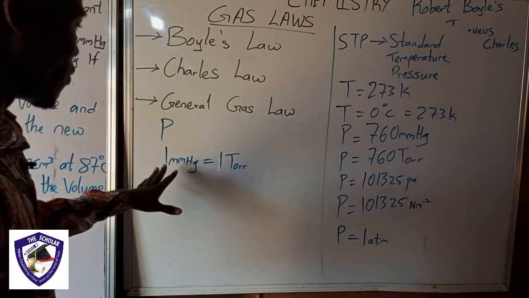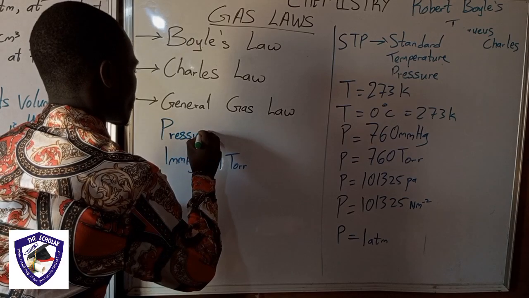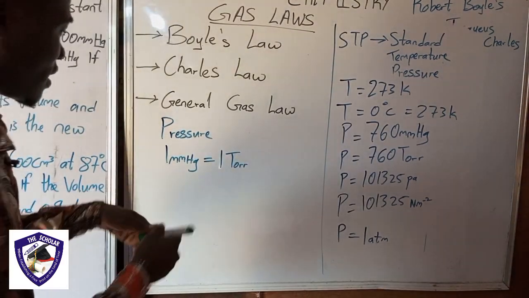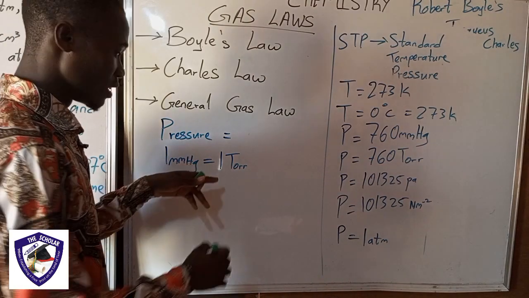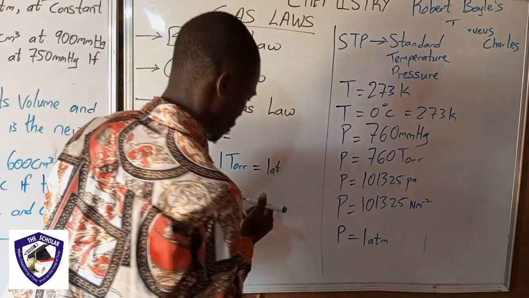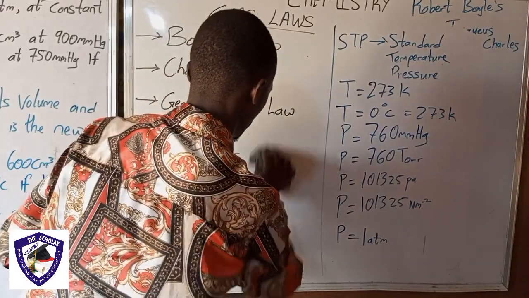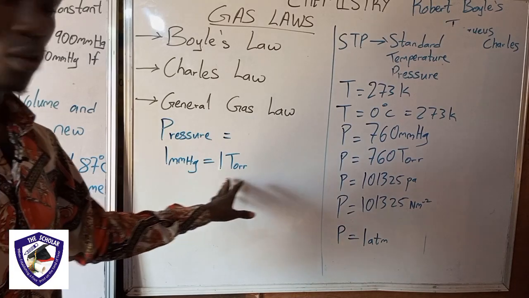So I can say my pressure is equal to 1 millimeter mercury, which is equal to 1 torr.